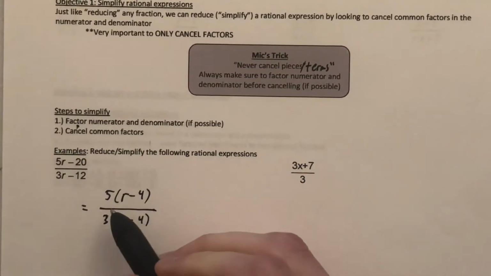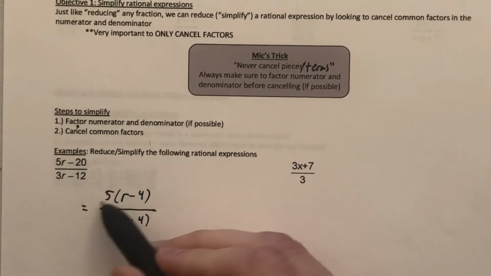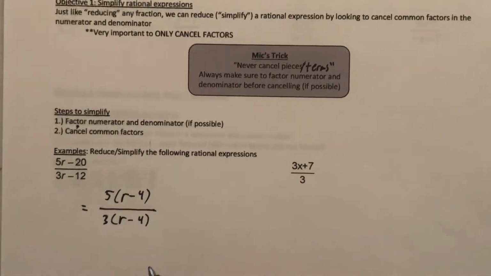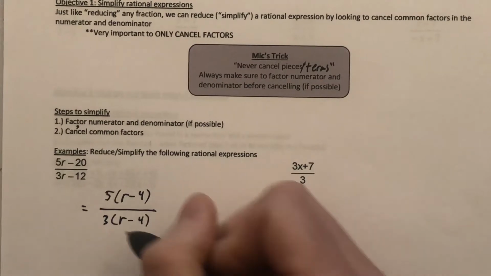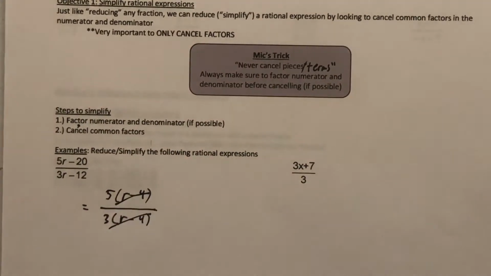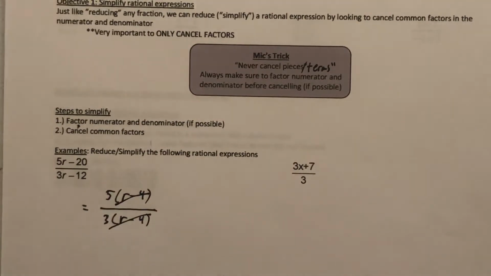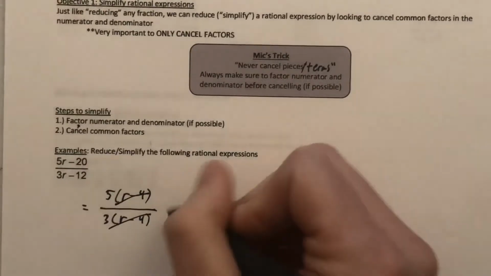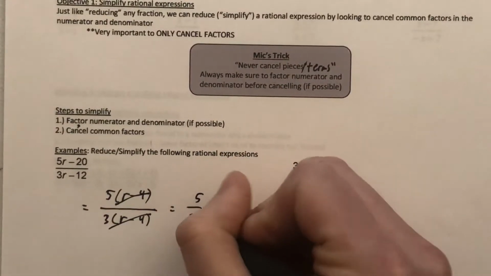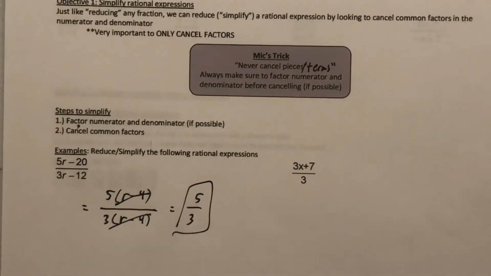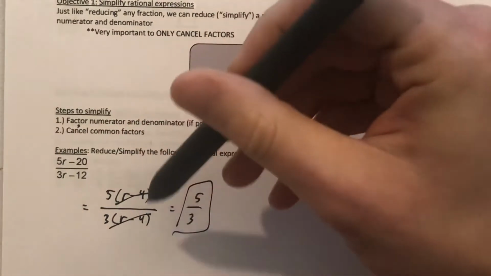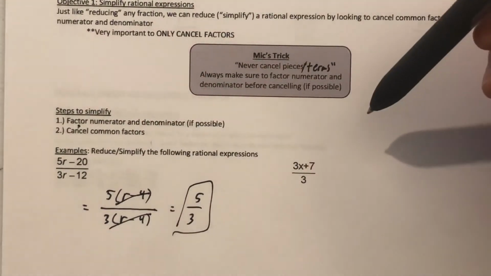Now that these things are factored, as in something times something, and here something times something, common factors are allowed to cancel, so those pieces, now again I call them pieces, but they are factors of the numerator and denominator. They match and they cancel, meaning this rational expression reduces down to 5/3. But we weren't allowed to cancel until we saw the factors in common.